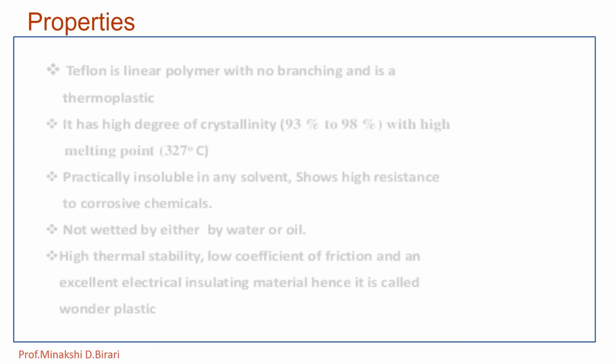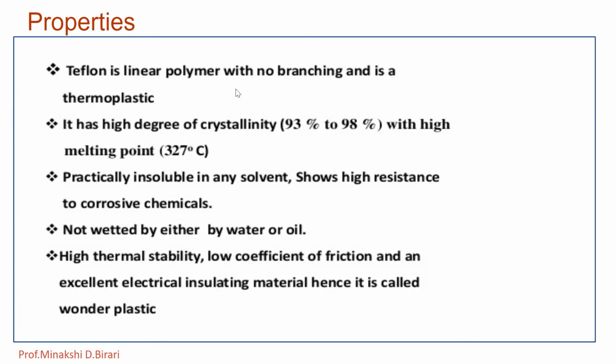Then the properties of Teflon. Teflon is a linear polymer with no branching and is a thermoplastic. It has a high degree of crystallinity with a high melting point of about 327 degrees Celsius. Practically, it is insoluble in any solvent. It shows high resistance to corrosive chemicals.